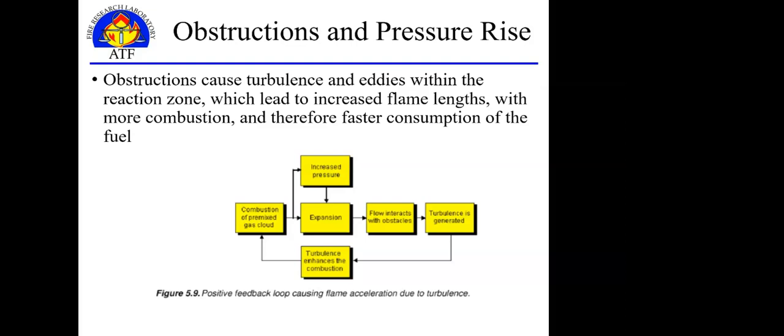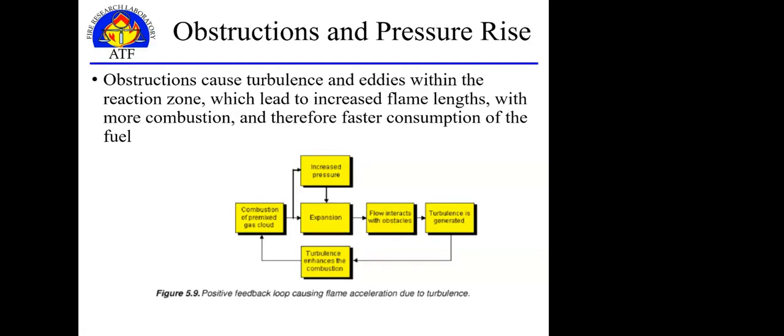So if I start to create a larger reaction zone, I'm now combusting more fuel. And so now my flame speed actually increases, or my reactions increase. I get more fuel involved at any given time, and now everything combusts faster. So this is a feedback loop that you get here.